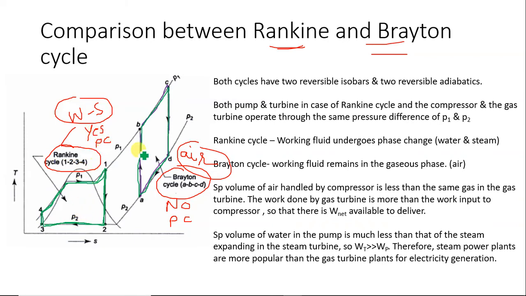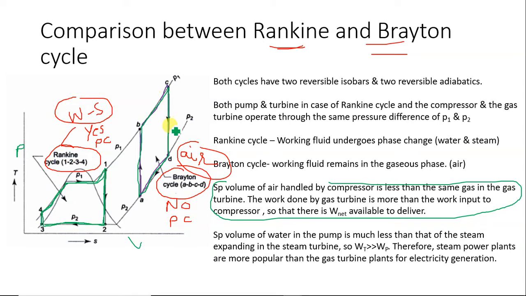So processes remain the same, the only difference is in Brayton cycle we have single phase, whereas in Rankine cycle we have two phase. Next, a few things: the specific volume handled by the air in the compressor. If you draw a PV diagram over here, this specific volume is more as compared to the pump, but with respect to the turbine it is less. So specific volume handled by the compressor, here A to B, is less than that of the same gas in the turbine.